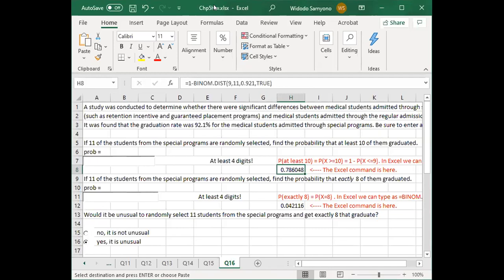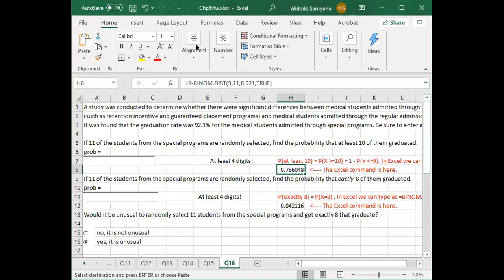So the problem is the same, right? You have 11 students and you're looking for at least 10 of them graduated. But the probability is different.